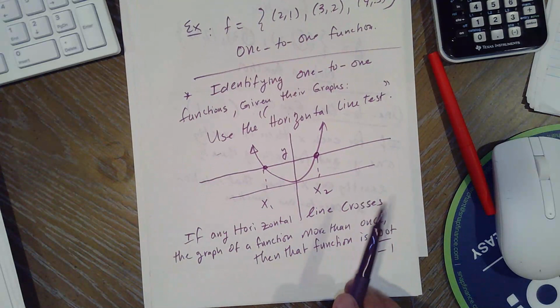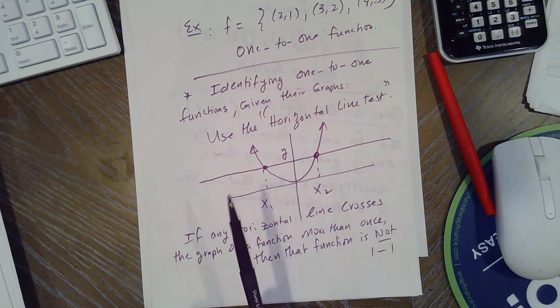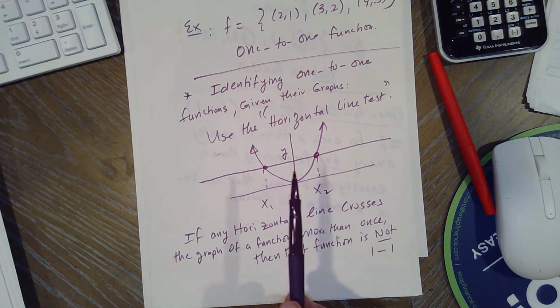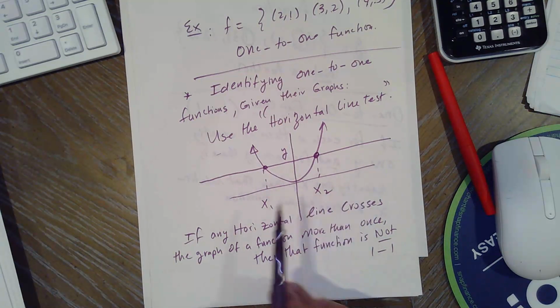So for a function to be one-to-one, no horizontal line can cross its graph more than once.